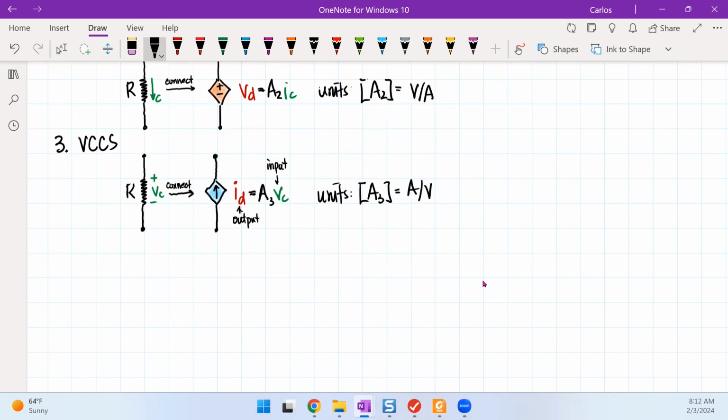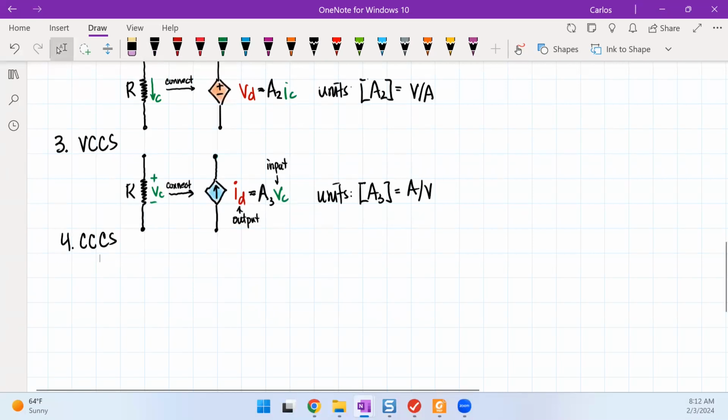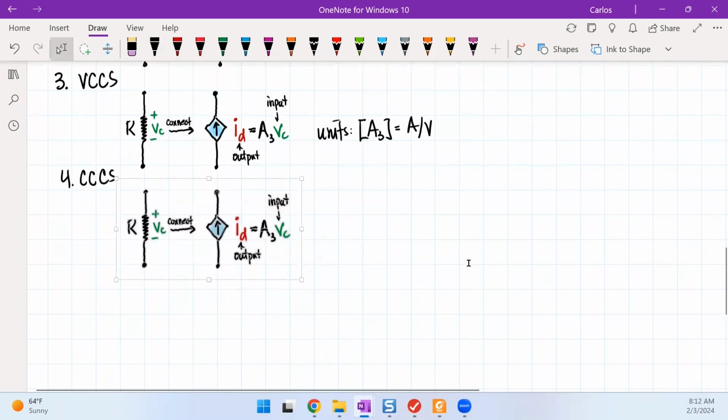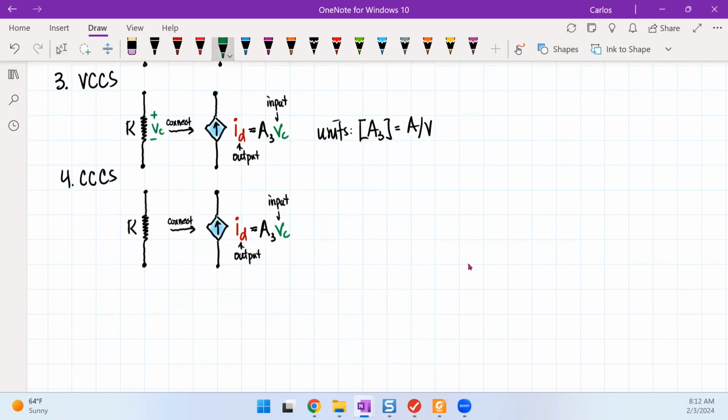And then the last one, which will be our current controlled current source. And what we'll see here is that, using our previous one, we can modify this a little bit. And do this. So now we don't care about the voltage, we only care about the current, which is the controlling element.